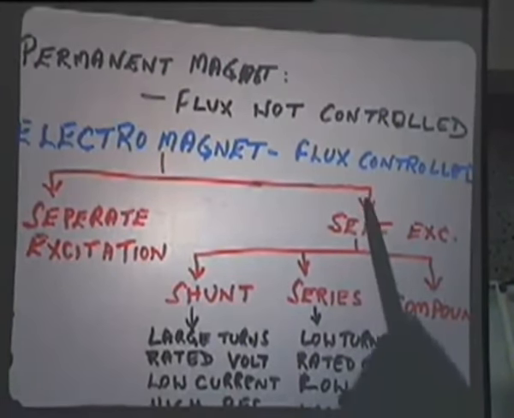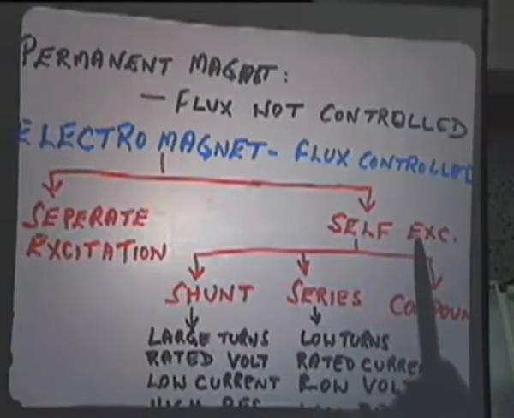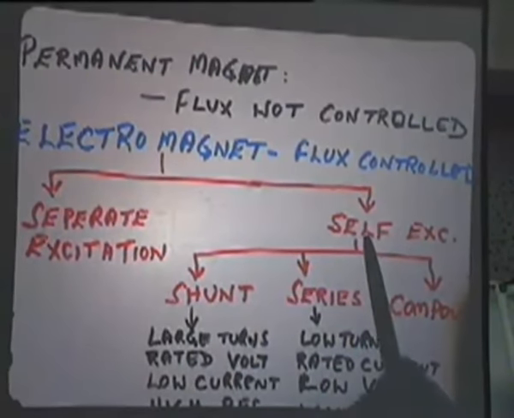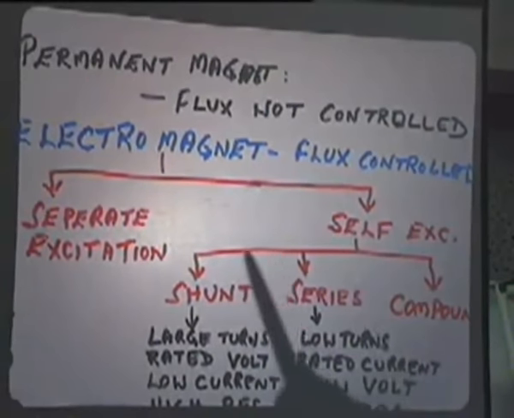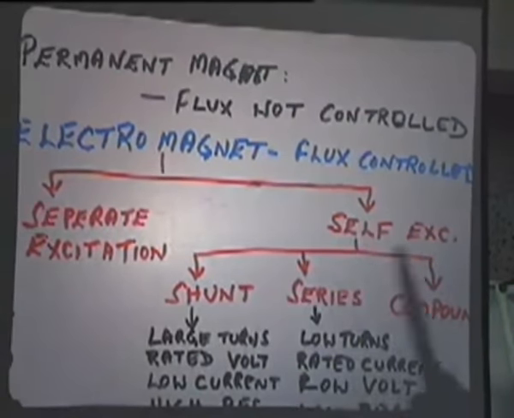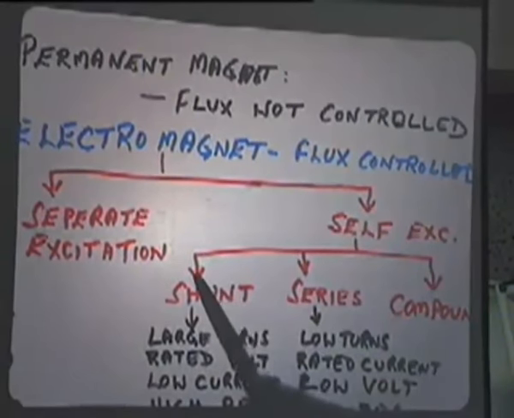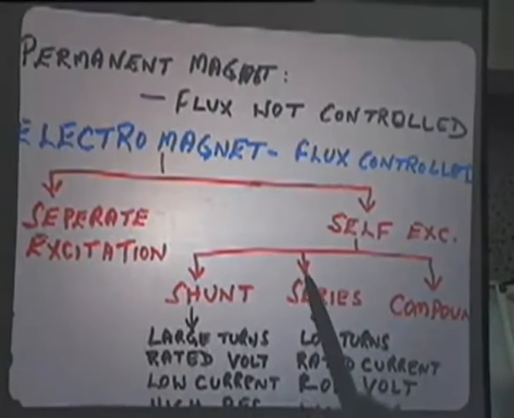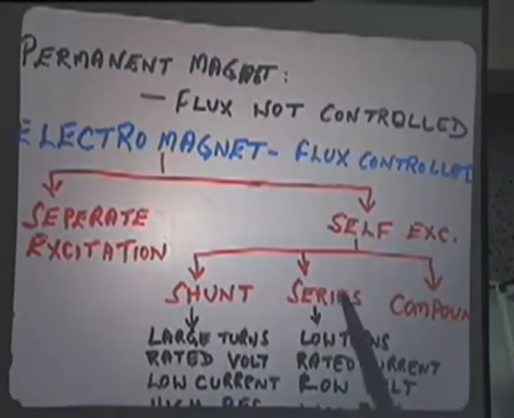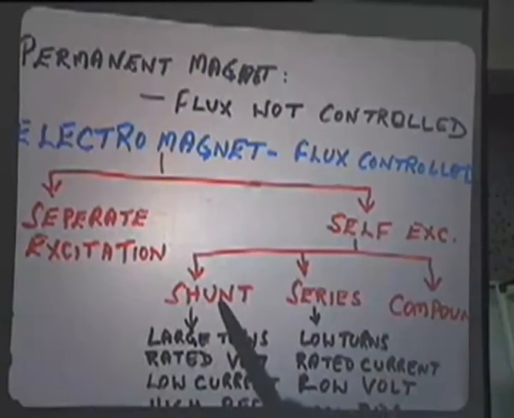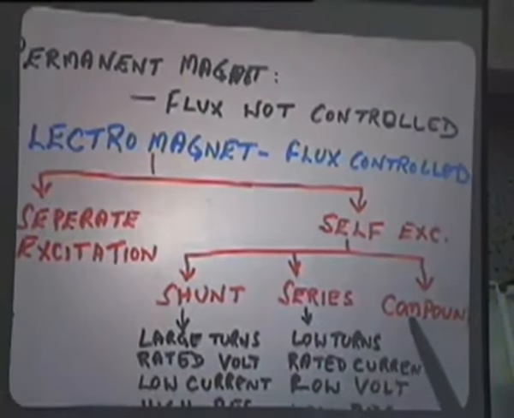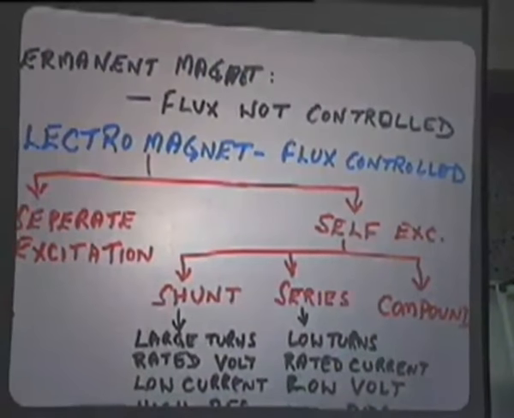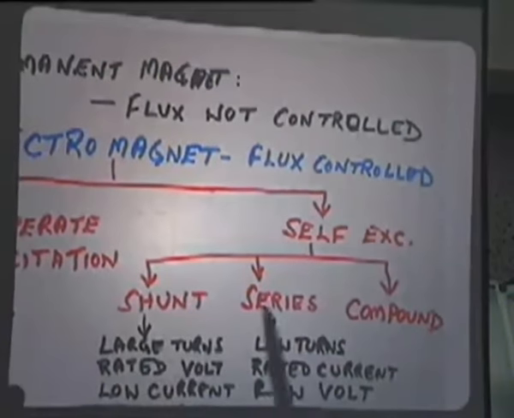In self excitation the voltage and current of the armature will decide the voltage and the current in the field. And in self excitation we have three types. One is the shunt excitation, another is the series excitation, and the combination of shunt and series will be a compound excitation. So there could be purely shunt machines, purely series machines, or compound machines which have both the series and the shunt.